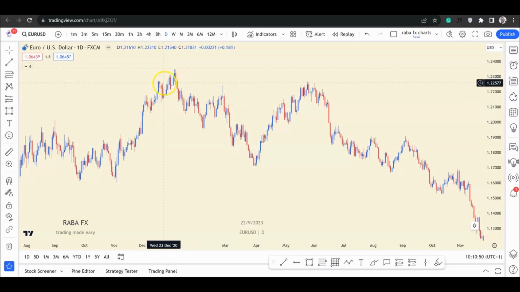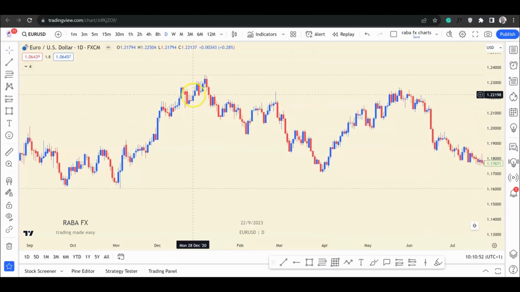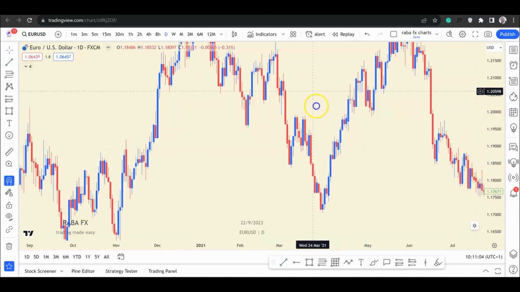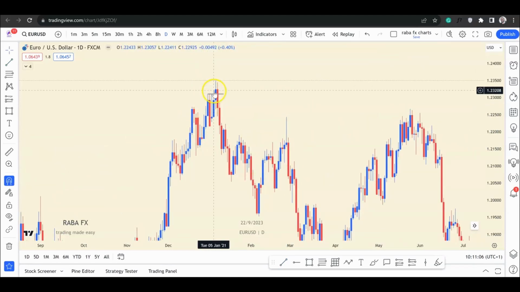Okay, let's see if we add a swing structure here. Okay, we have a swing structure here. So you have to count that.